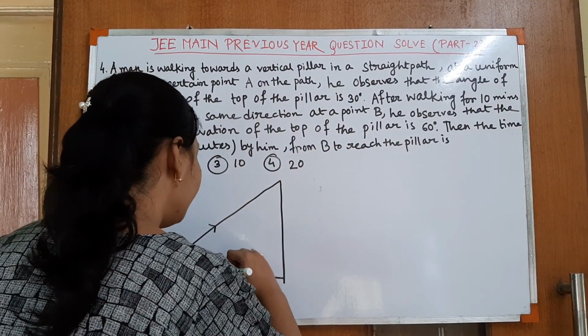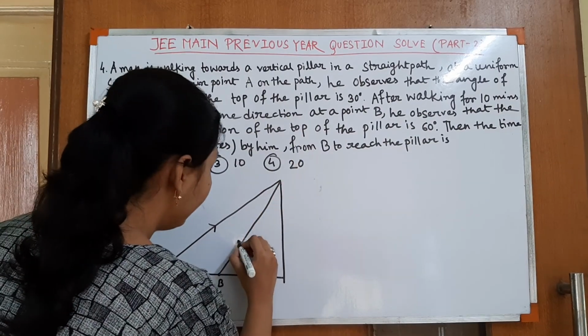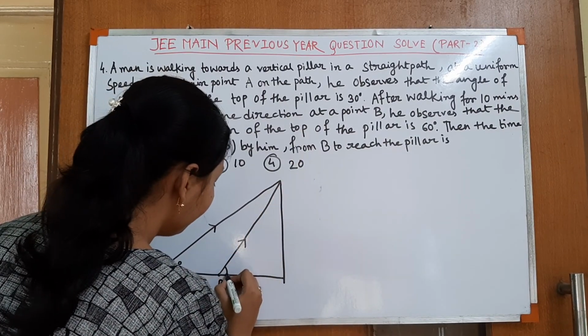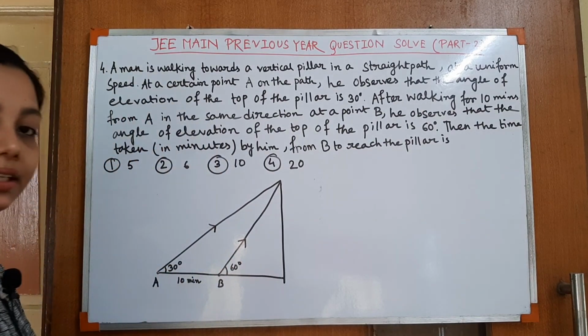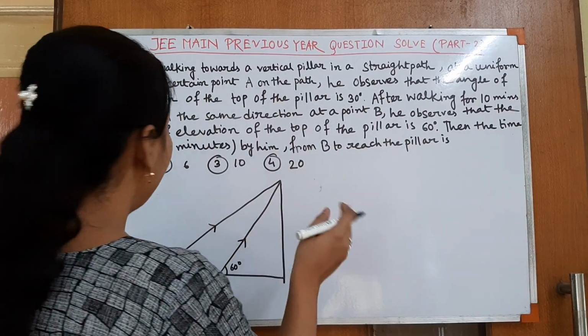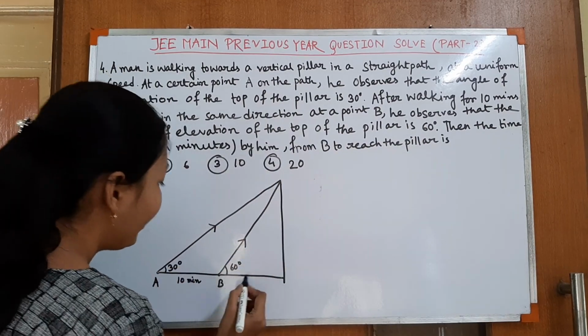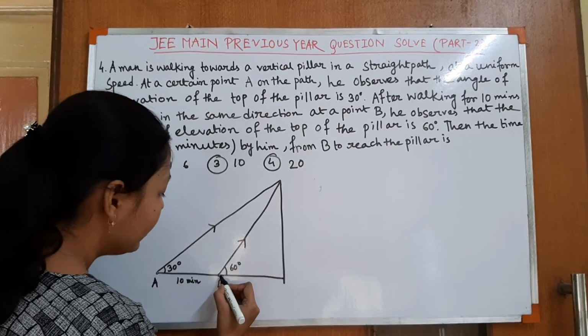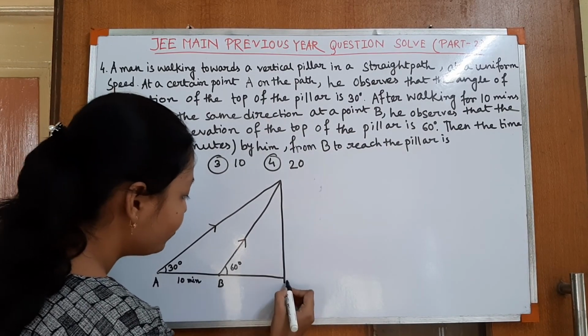From this point B, the angle of elevation with this plane surface is 60 degrees, okay. Then the time taken by him from B to reach the pillar. Then we have to find the time taken to reach from B to C.